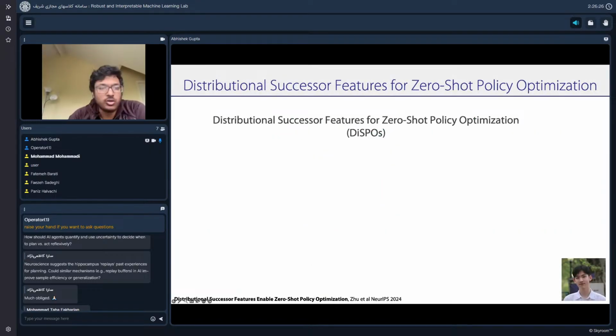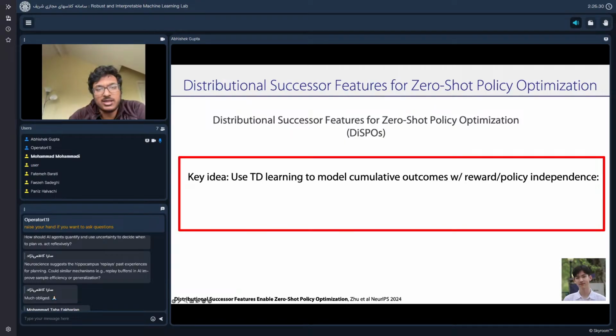My student Tuning had an idea he called DISPOSE. The key idea is you're trying to use TD learning, temporal difference learning, Q learning, to model cumulative outcomes in the future, but in a way that's independent of reward and independent of policy. That means you want a model that you can use to evaluate arbitrary new rewards and arbitrary new policies.